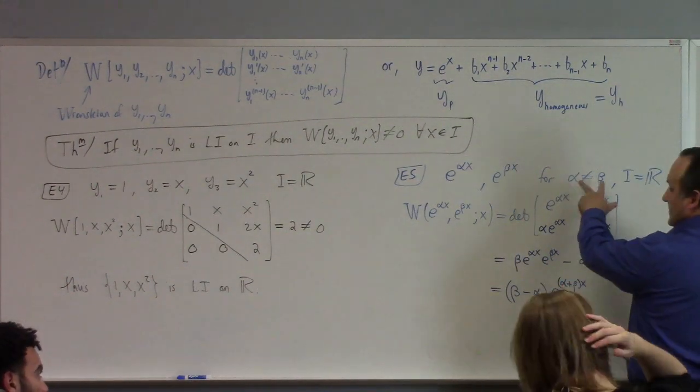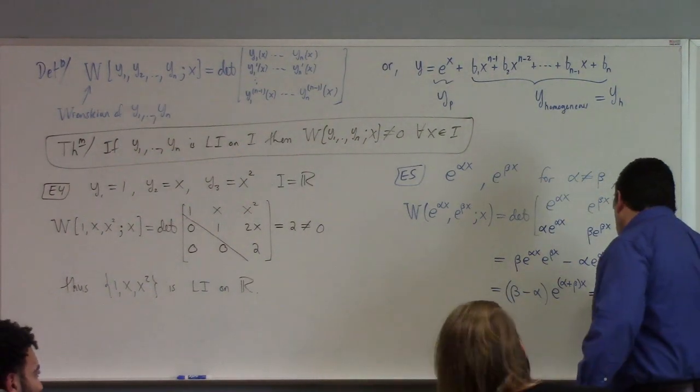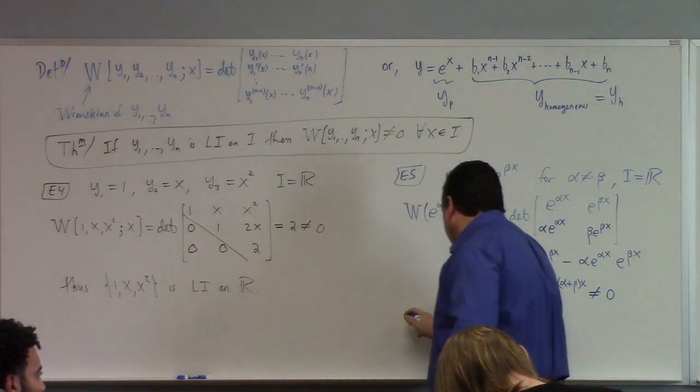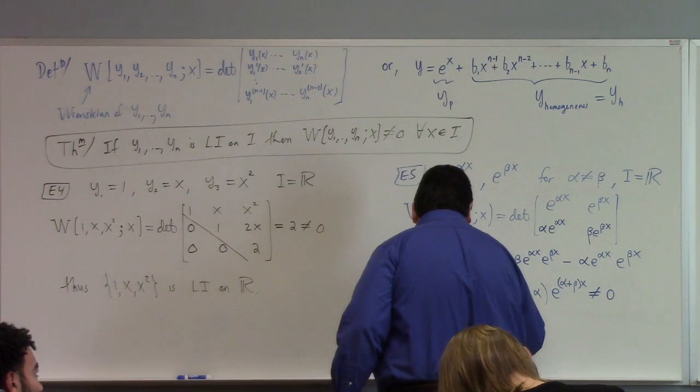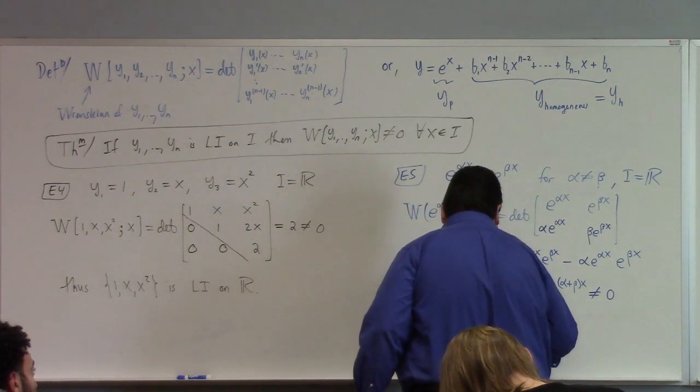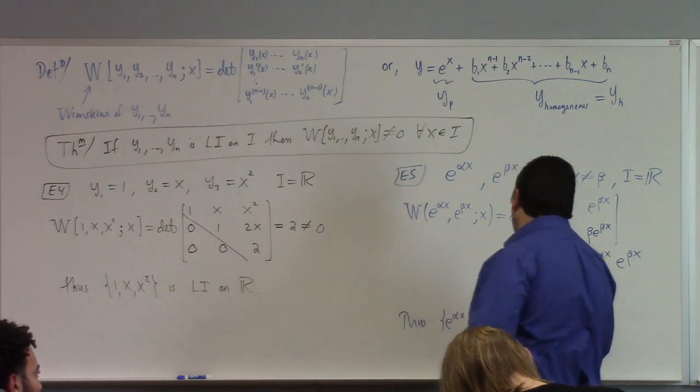We assumed they're not equal, so that's also non-zero, right? So this is not equal to 0, thus e to the alpha x, e to the beta x are linearly independent on the reals.